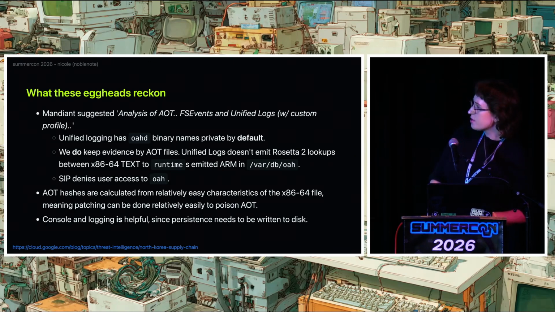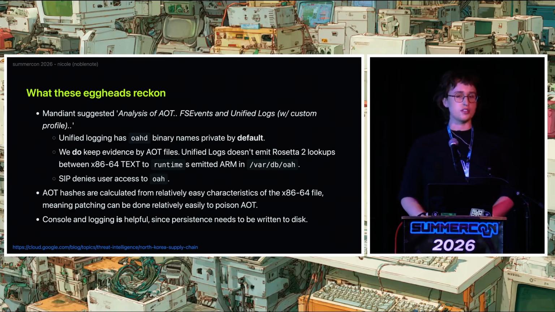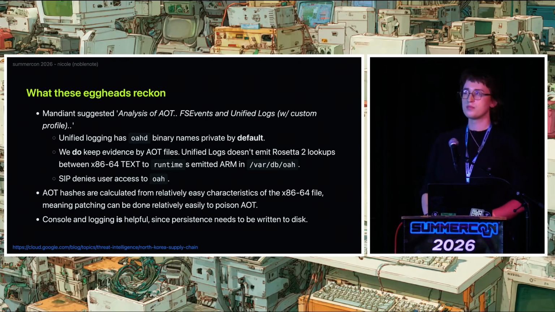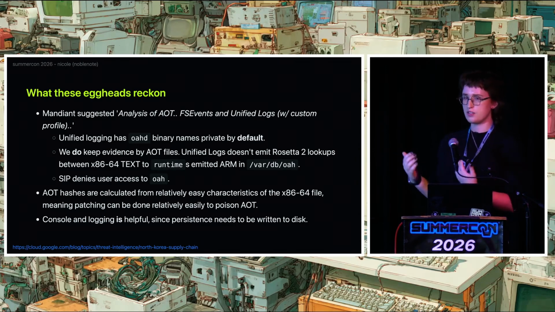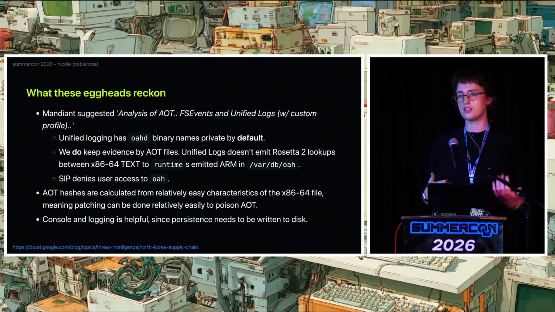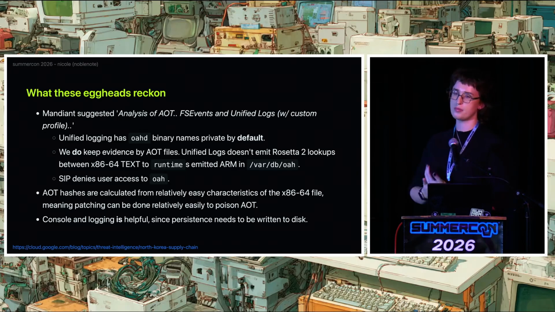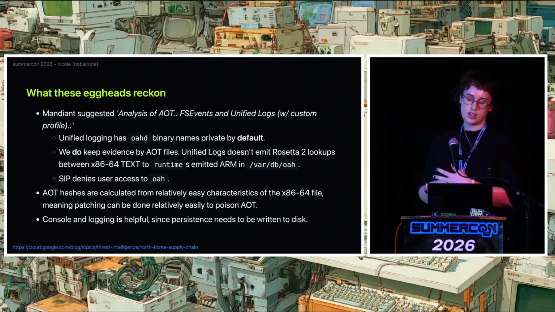So there was, at the end of the report, a section on what you can do against it. Since we're saving a lot of the instructions with the AOT, you could technically do a bunch of forensics, but it's in a directory where you can't access it unless you've disabled System Integrity Protection, which is not good.